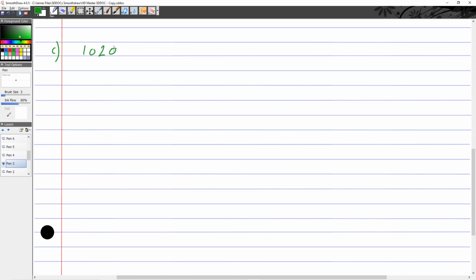1,020 in base 10 is equal to what in base 2? Slightly longer number, so I'm going to start off over here. Units, 2s, you know the routine by now.